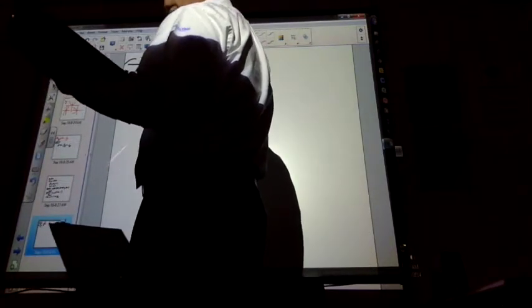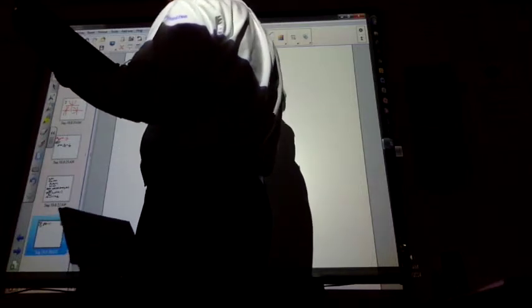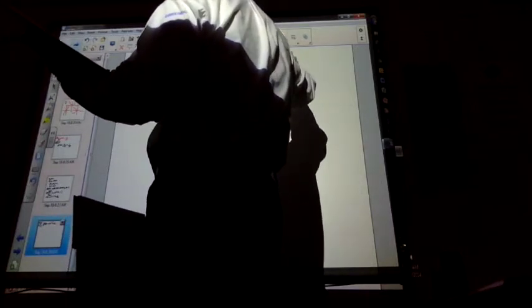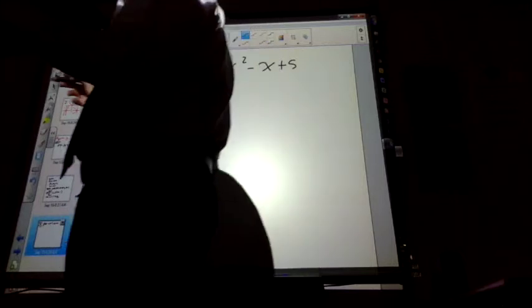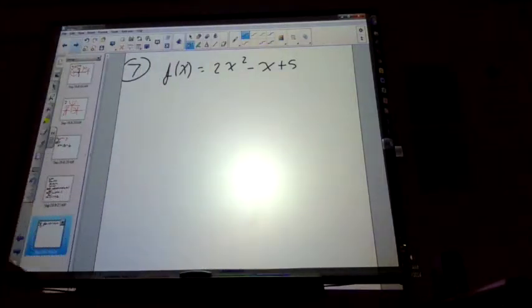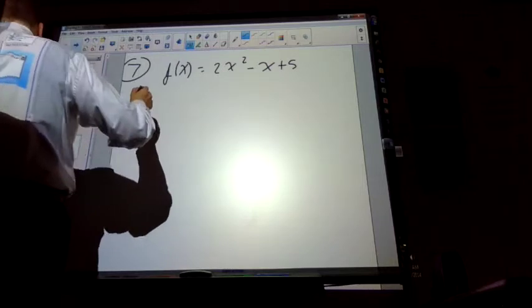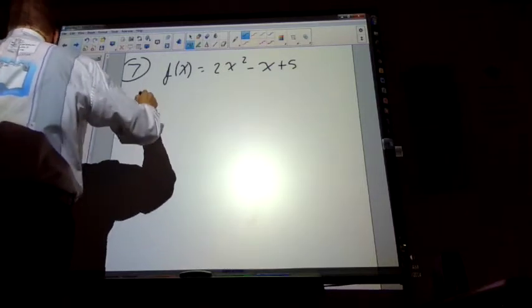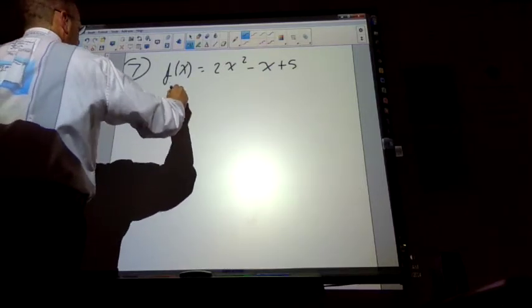Okay, number 7 says, given this equation, f(x) is equal to 2x squared minus x plus 5. You'll definitely see this problem on the test. So 7a says plug -1 in, and that's going to give you a value out. The second one says we would like you to do f(a plus 2).